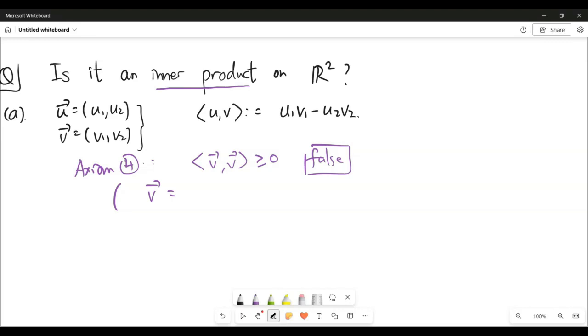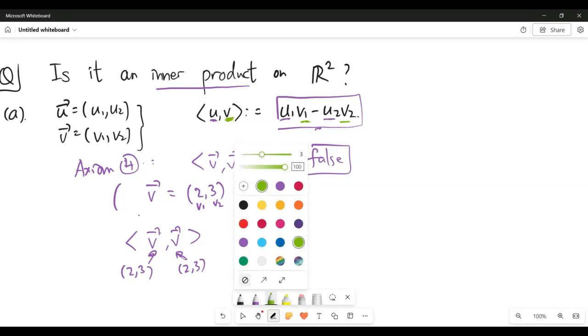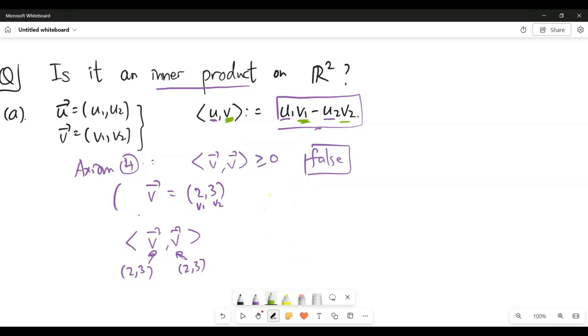For example, maybe I can look at a vector like (2, 3). Now we have to compute this, and let's see how to compute it. The first vector is v, the second vector is also v. What you need to do now is look at the positions carefully. If you follow this way of working, just do it one by one.